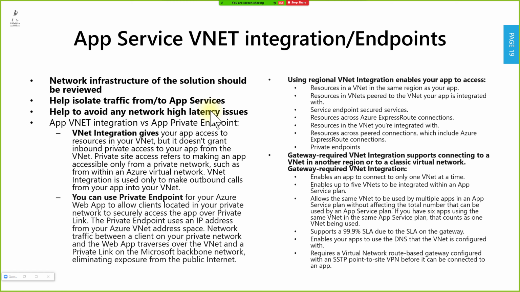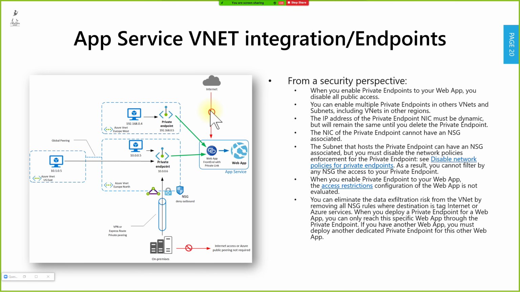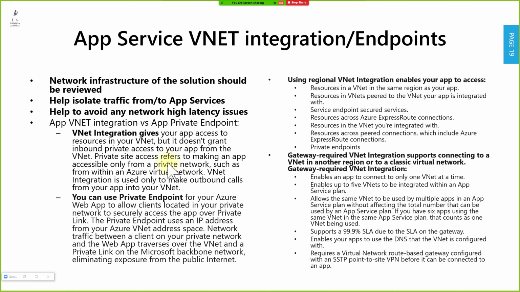So basically, it will look like this or something like this, where you have application gateway, connectivity, and points to connect to your application, or how your application connects to the resources. So VNet integration means that your application will connect by VNet to any other resources.